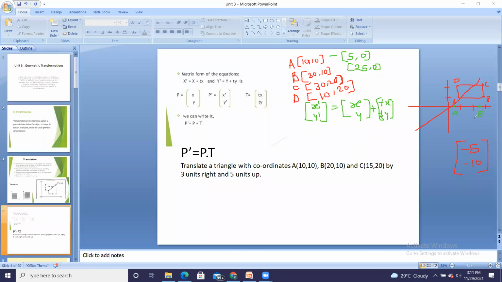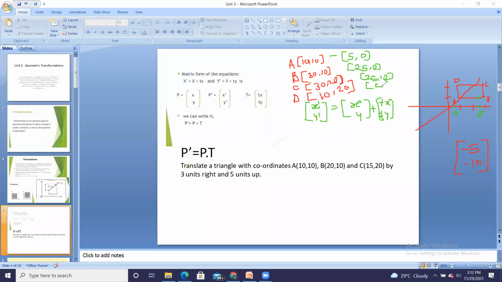Okay. Now what is C dash? 25 and 10. Right. So I will have here 25, comma 10. So 25 is this point and 10 is here. And the last point is D. It will be 5, 10.